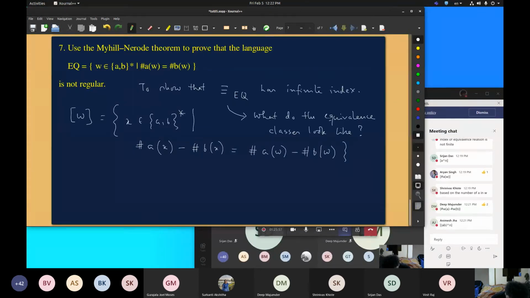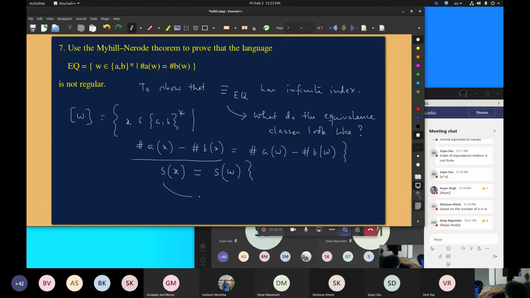Or maybe I write it this way, where this S stands for surplus of A's over B's.